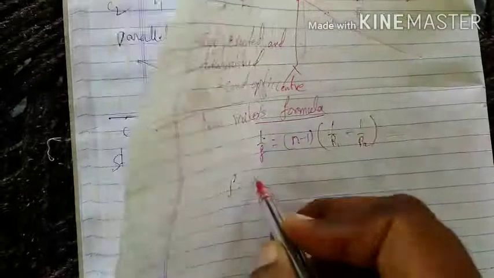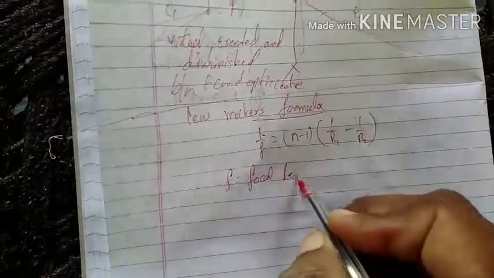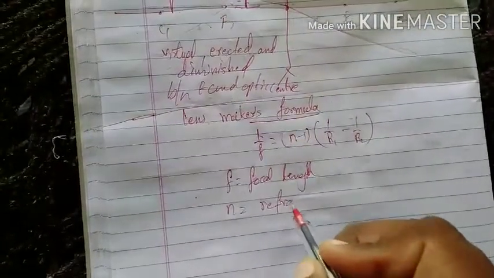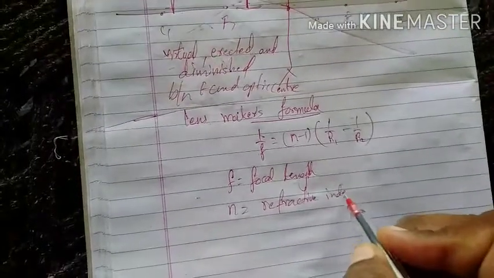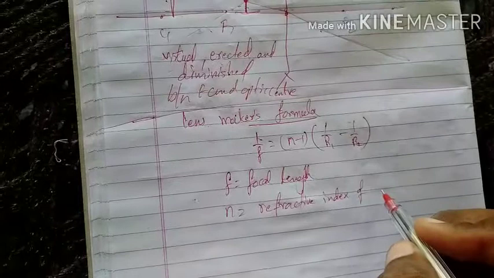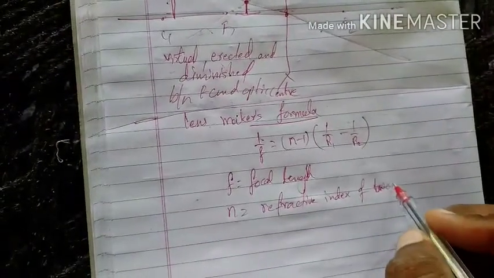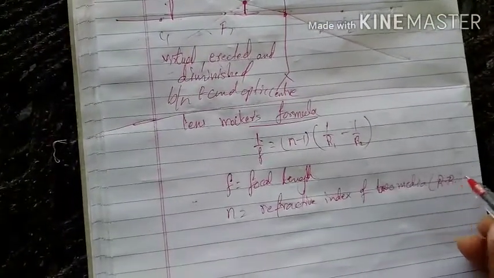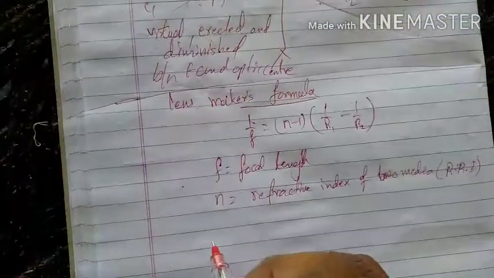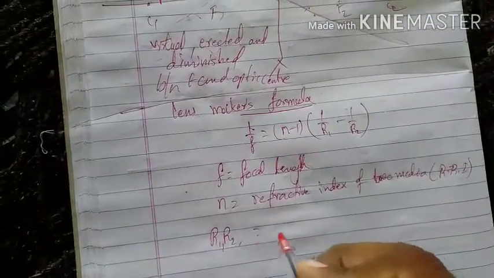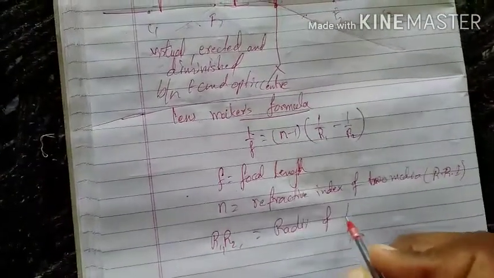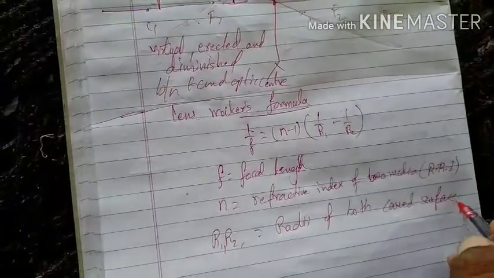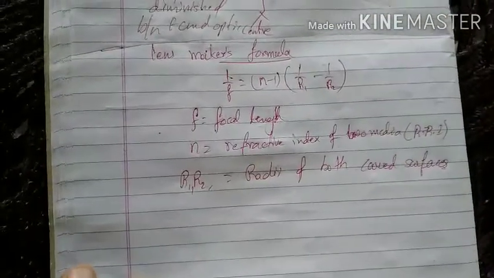Here f is the focal length, n is the refractive index, that is the relative refractive index of the two media, and R1 and R2 are the radii of both curved surfaces.